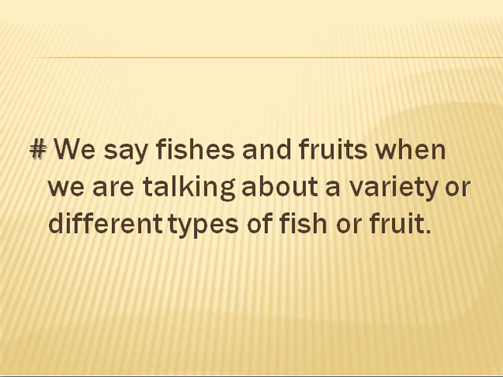So we say fishes and fruits when we are talking about a variety of different types of fish. Means if there is only a single type of fish, then we will use fish. But if there are different kinds of varieties, we use fishes.